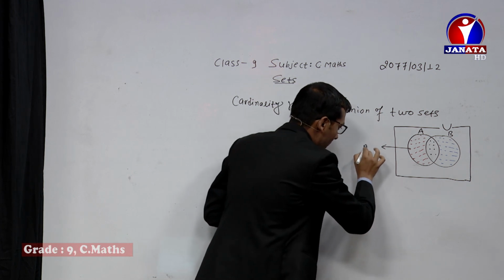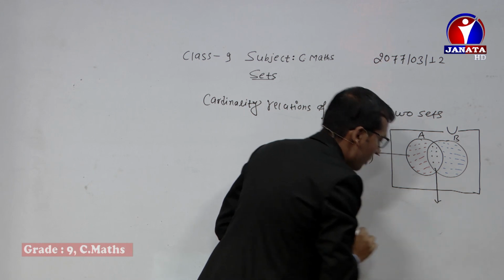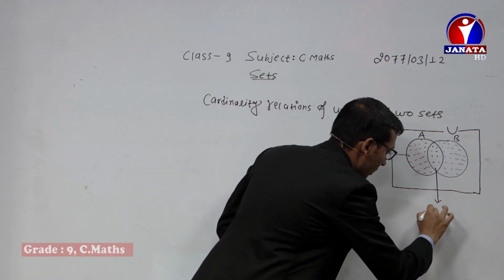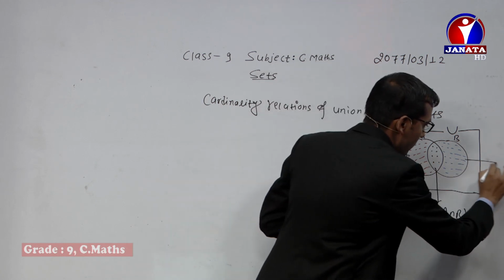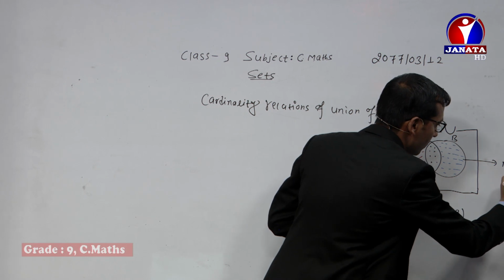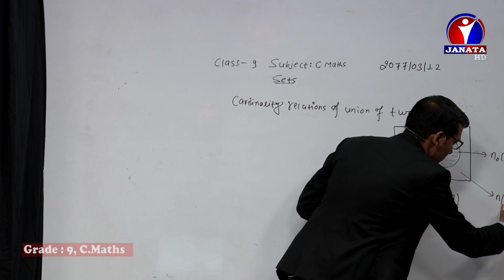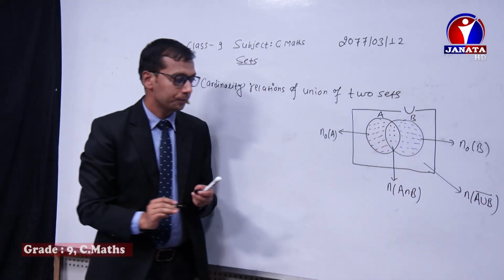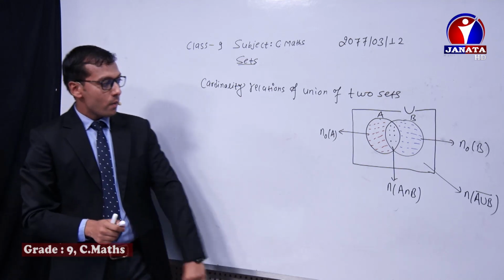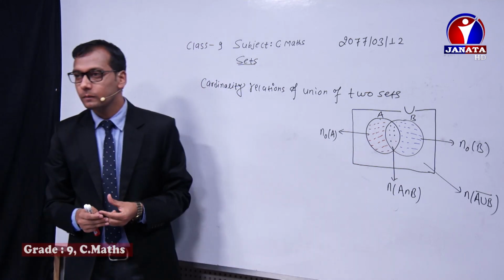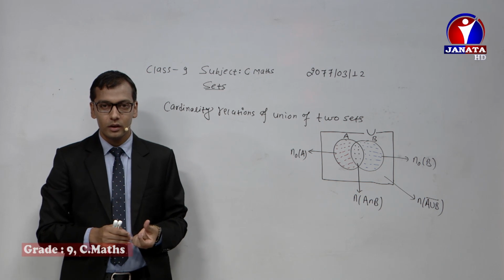This is n only A. The intersecting region or the common region in the diagram is called n of A intersection B. This is n only B, and this region is n of A union B complement.